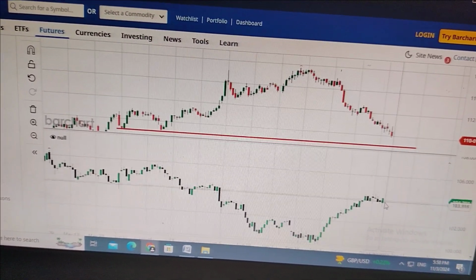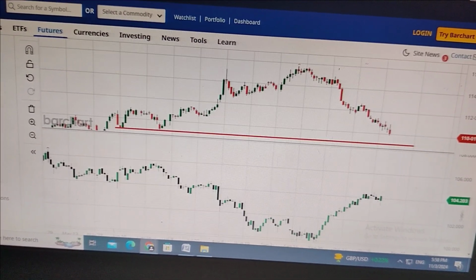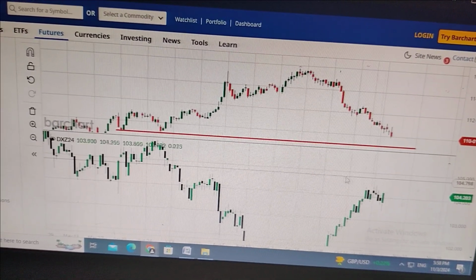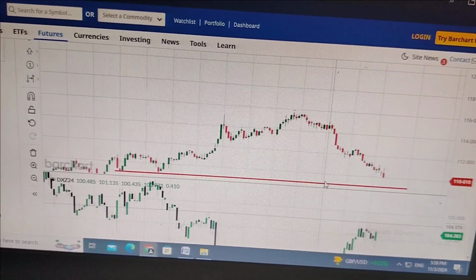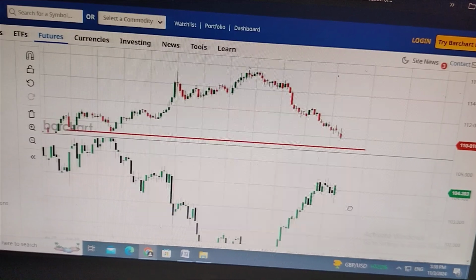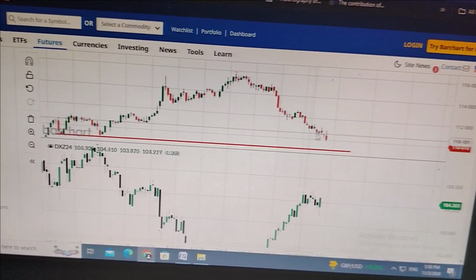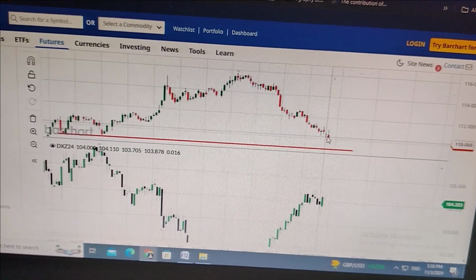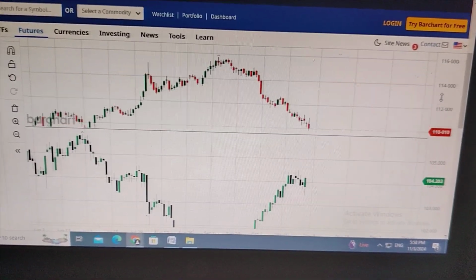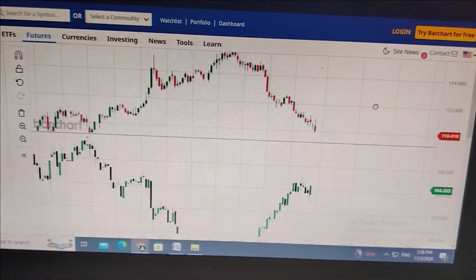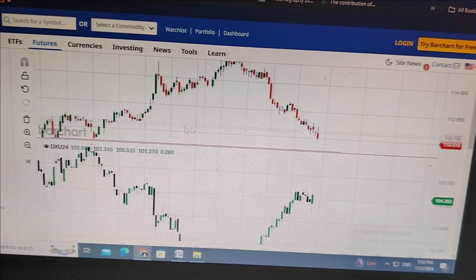And again, how do I know at this price point, at this region, we are not expecting a reversal to the upside?